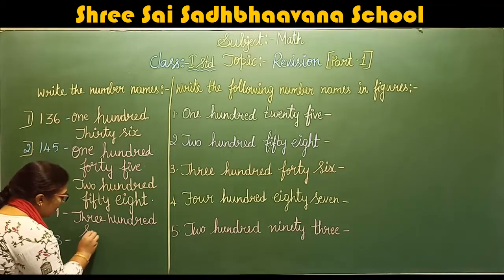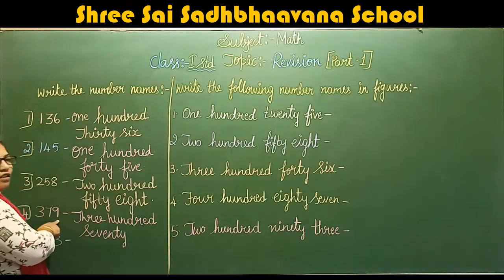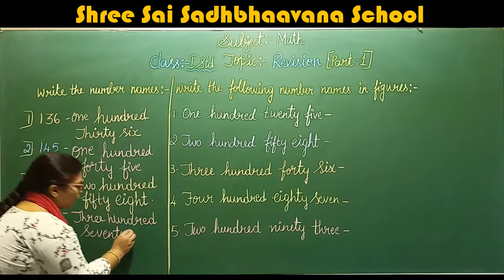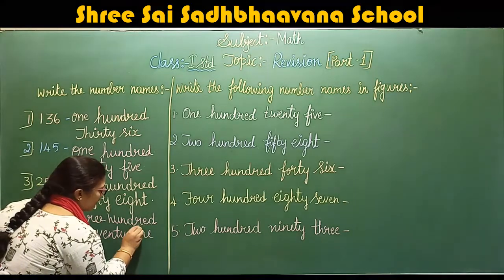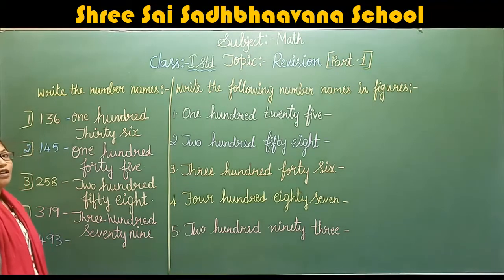So you have to write S-E-V-E-N-T-Y, 70. 9 is there in the ones place, so you have to write nine. That is 379.